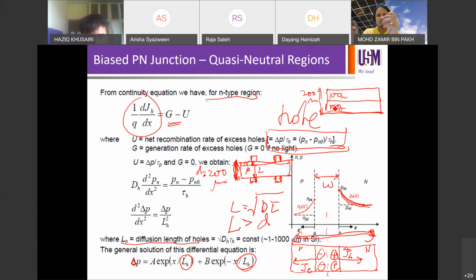So normally we only diffuse at the top surface only. So that means kalau you tengok this original wafer, the whole wafer is actually P-type for this case, and only the top region is N-type. So we're talking about N-type of 200 nanometer out of the whole 200 micron.